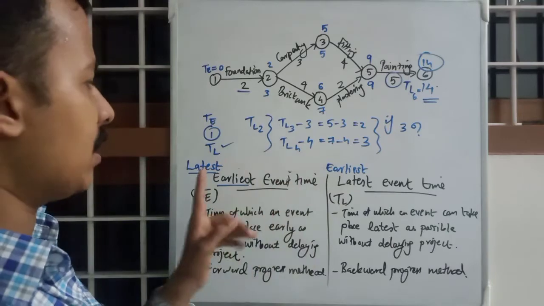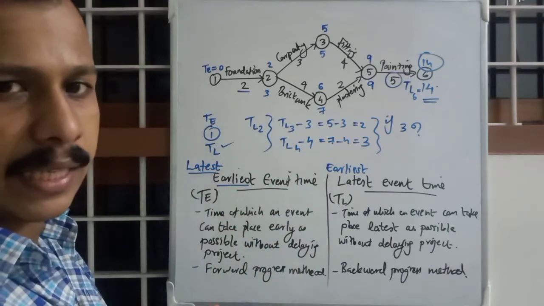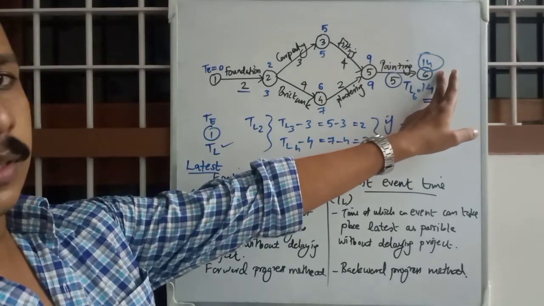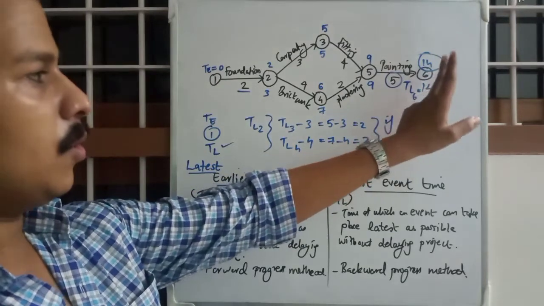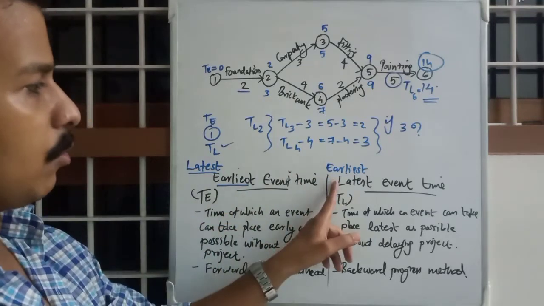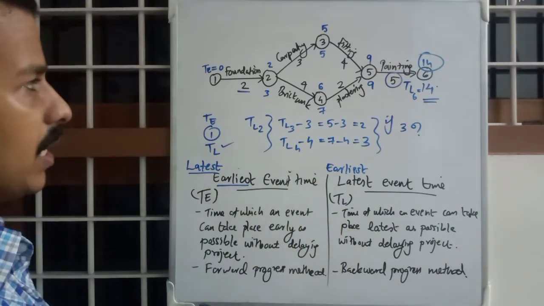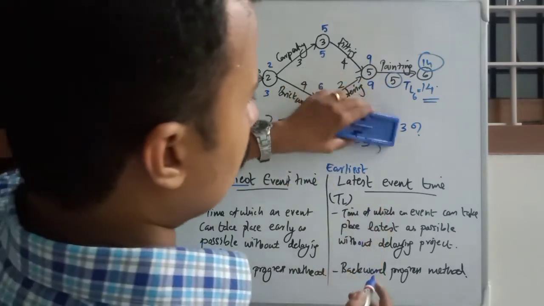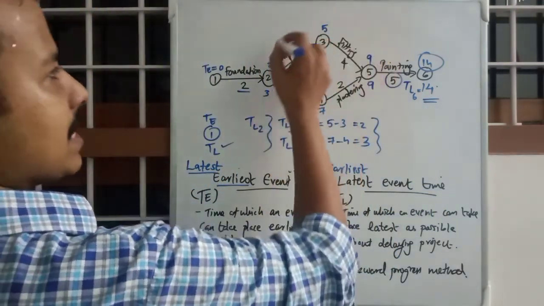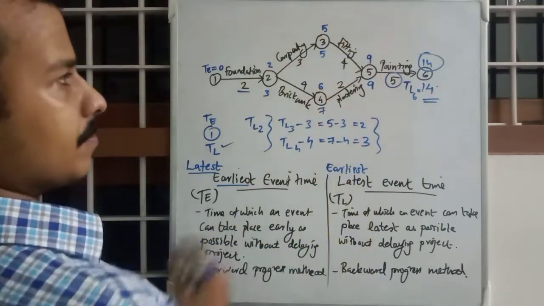It was the same reason we took latest TE also. We are not to change the final value whatever the matter is. So we took latest TE, and this time we are taking earliest TL because we don't want to disturb this carpentry and fitting.